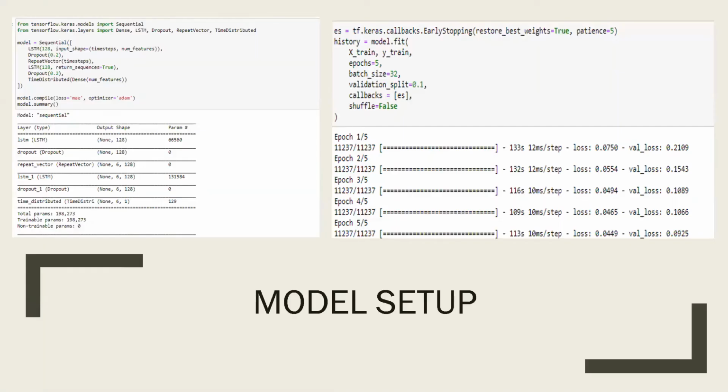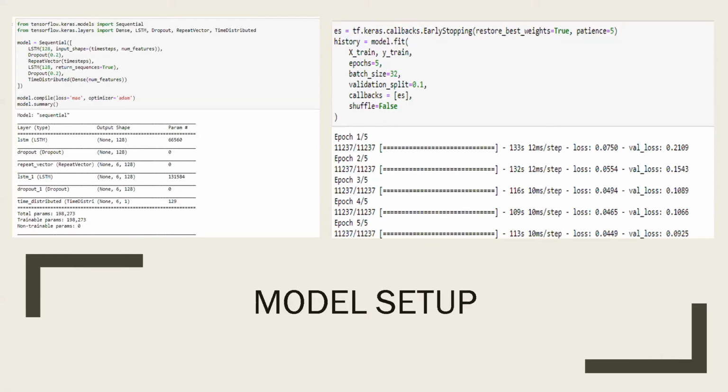And then we will talk about model setup. After performing the necessary pre-processing, we moved on to the stage of building our model. This is an example of an LSTM model. We talk about some important things in this model.